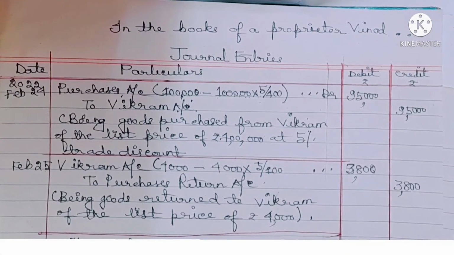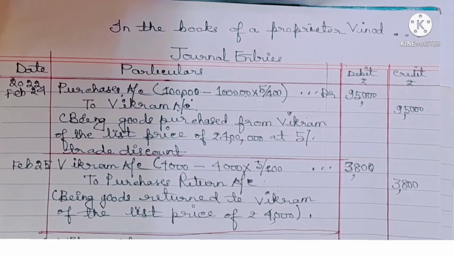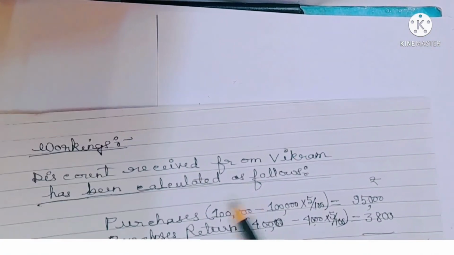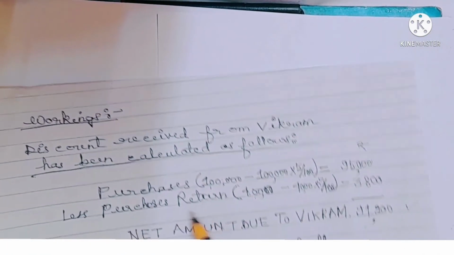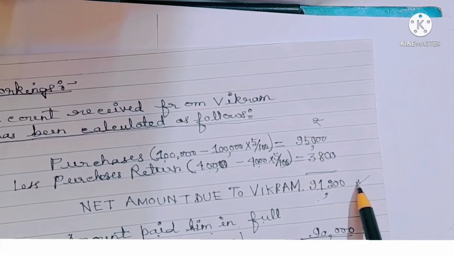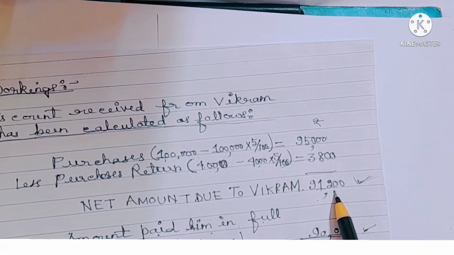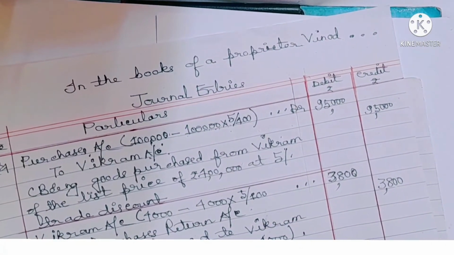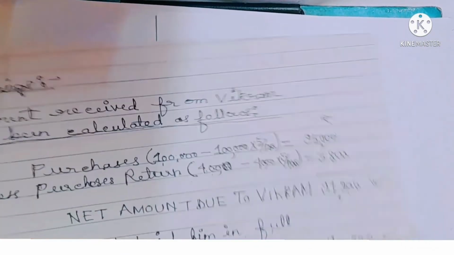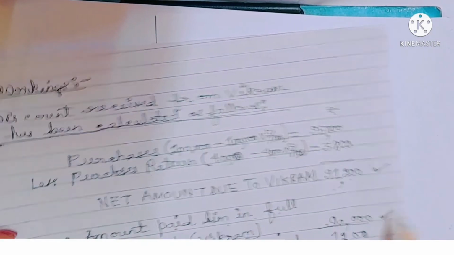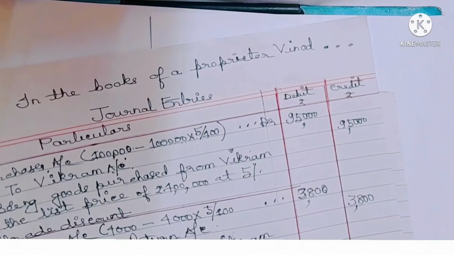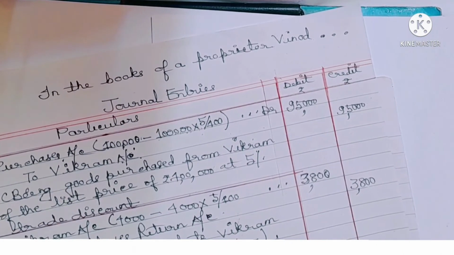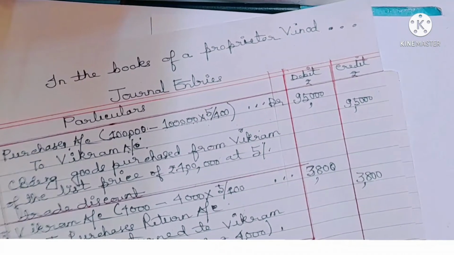Now let me write the amount. We should have paid Vikram 91,200. Purchases 95,000, after returning goods to him we should have paid him 91,200, so I am writing 91,200. But we are paying him 90,000, to cash account 90,000. So why 1,200 less on the credit side?